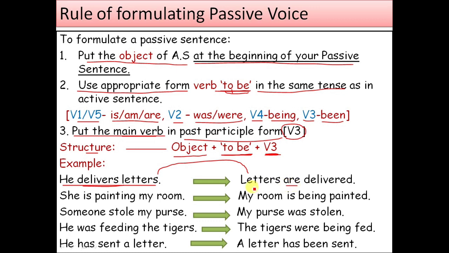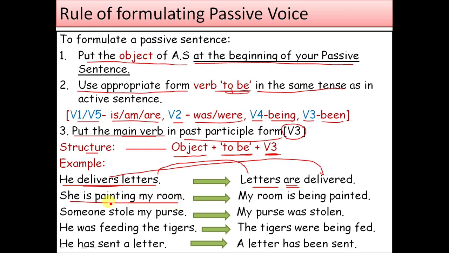Here letters is plural, therefore we are using are, letters are, and then we have to use V3. We have the main verb deliver, and its V3 form is delivered. So letters are delivered.